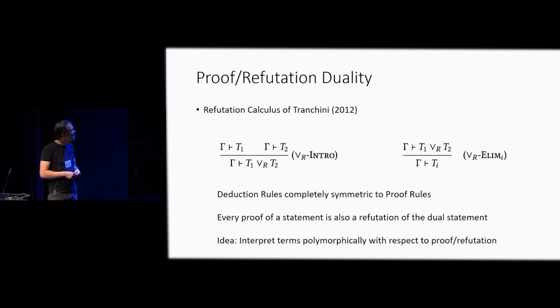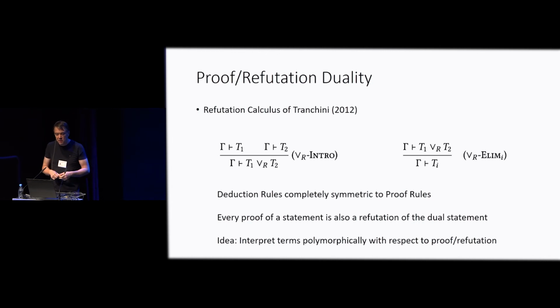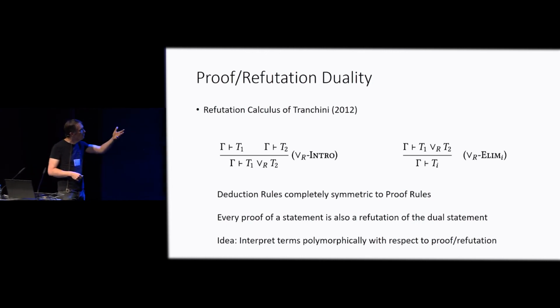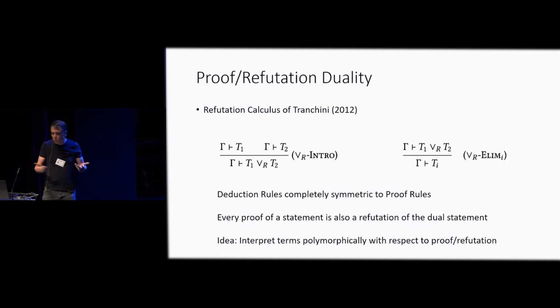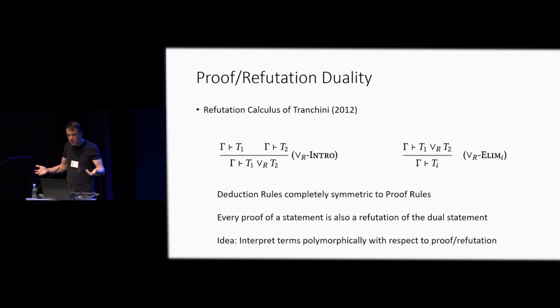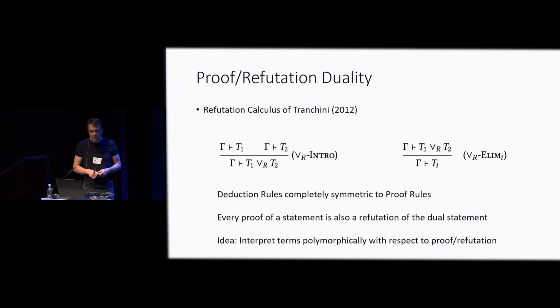For instance, this is the derivation rule for refuting disjunctions. So the introduction and elimination rule. And we see that it looks exactly like the standard conjunction rule in natural deduction.